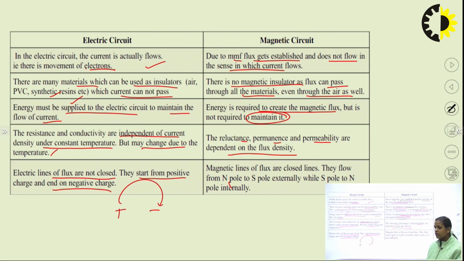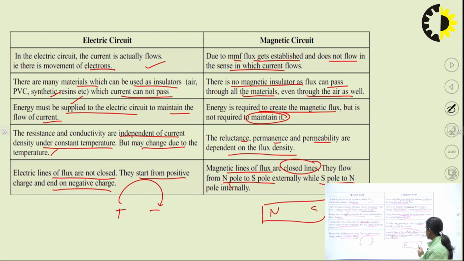But in case of magnetic circuit, these magnetic lines of flux are closed lines. And why are they closed lines? Because they flow from north pole to south pole externally and from south pole to north pole internally, right? Suppose we have a magnet, this is north pole and this is south pole.